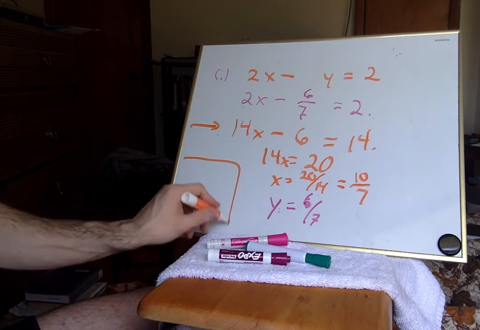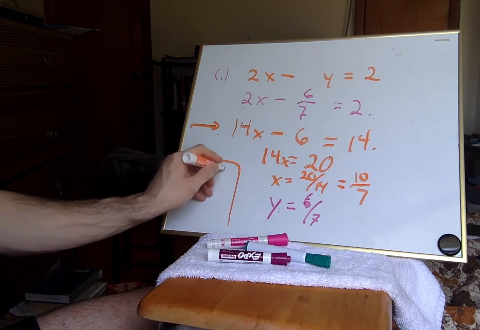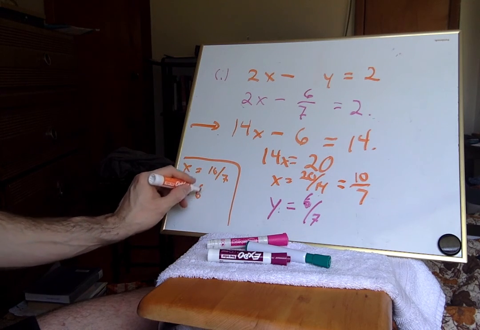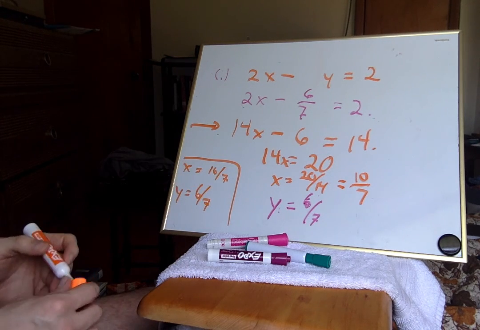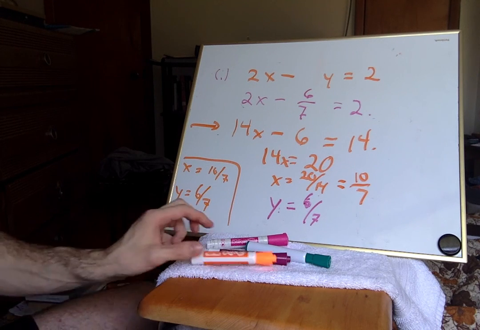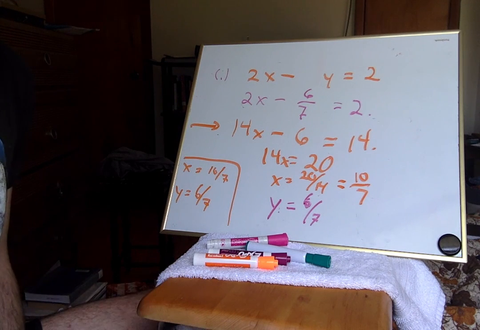So your final solution is x equals 10 divided by 7, and y equals 6 divided by 7. Okay, so that's the solution for the pair of equations. In the next video, we will talk about how to use matrices to do this sort of stuff.